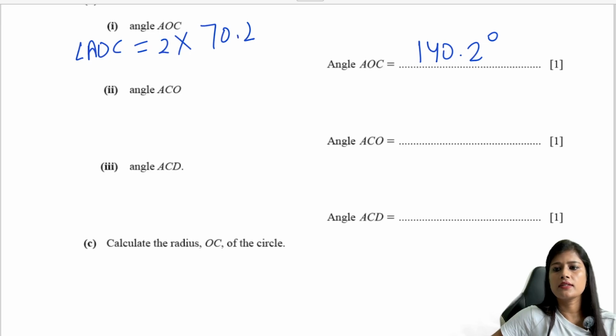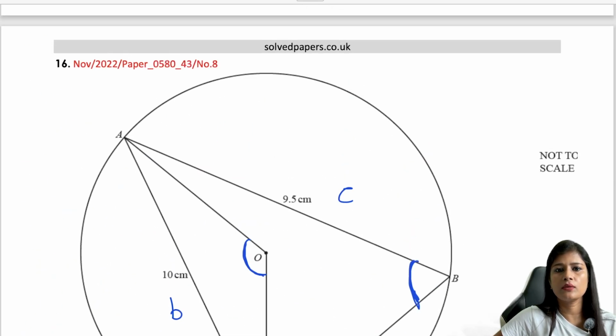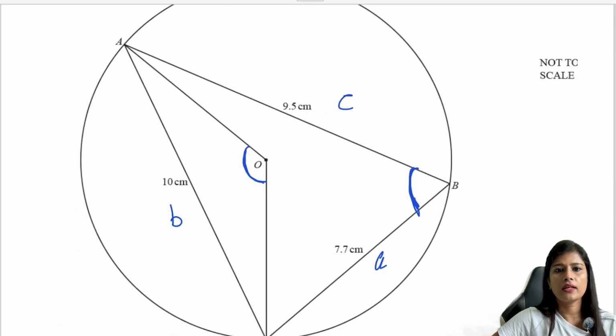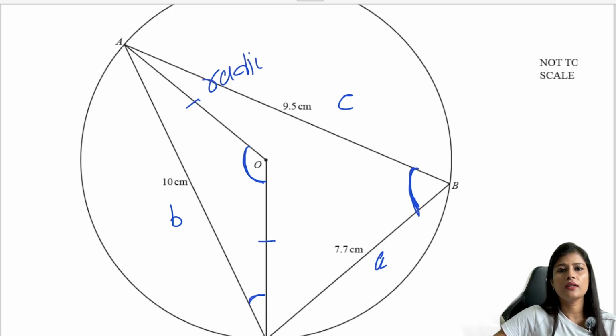Now angle ACO. So ACO means this angle. So guys, if you see this, OC and OA both are equal because they are radius of the circle. So this is nothing but AOC is an isosceles triangle. So this base angle, this and this will be equal, and we know already this angle.